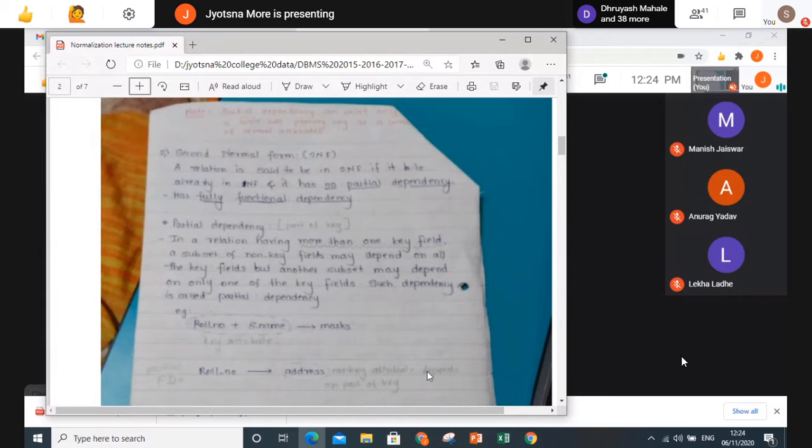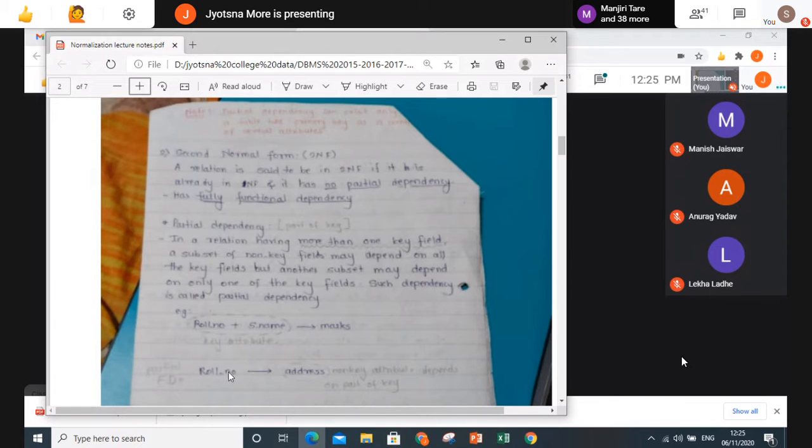But related to this same example, if roll number determines address, roll number is a part of my key attribute and address is my non-key attribute, right? So this non-key attribute depends on part of my key attribute, not the full key attribute, because my key attribute is roll number and student name.